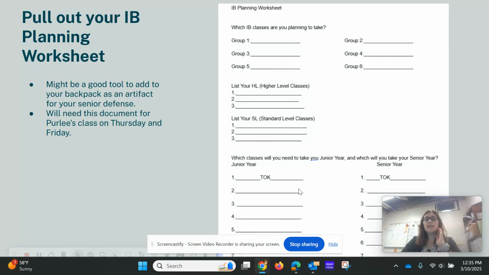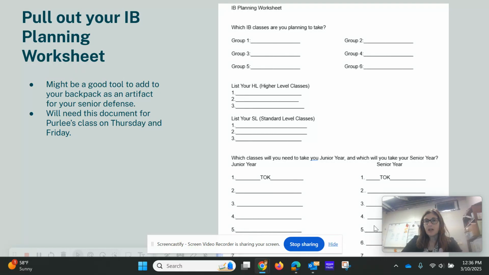Then we moved them down to the bottom of this worksheet and had them plan out their junior year classes and their senior year classes in order to see how they would need to organize their schedule. Some students found out that because of how they wanted their schedule to look, they were going to need to move physics to a year that they didn't anticipate taking physics.